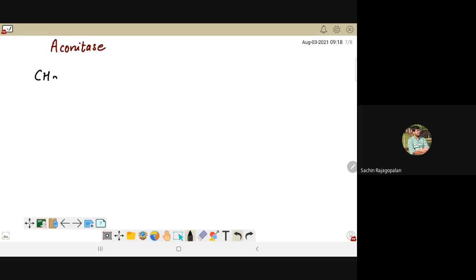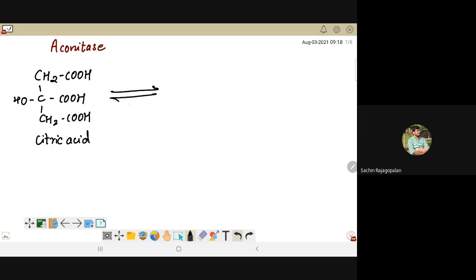Right now what we have with us is citric acid, which looks like this. The first thing we are doing is removing a water molecule. So you remove a hydrogen from this CH2 and the hydroxyl group from here. That's how a water molecule is released.